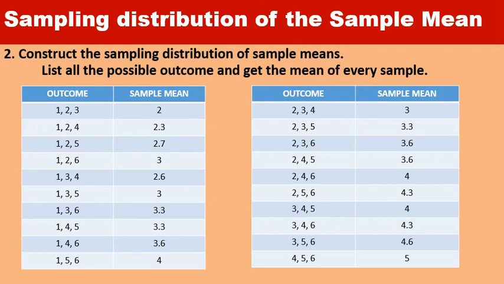Next, add 1, 2, and 5, and then divide by 3, you will have 2.7. Next, add 1, 2, and 6. Divide by 3, you will have 3. And so on. Here are all the possible outcomes and their sample means.